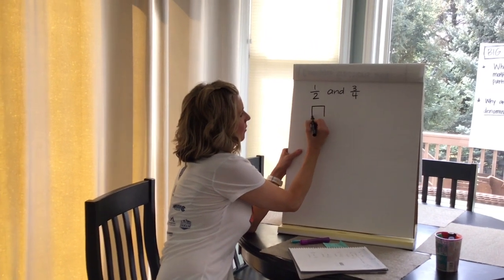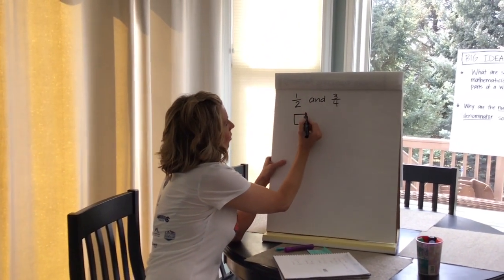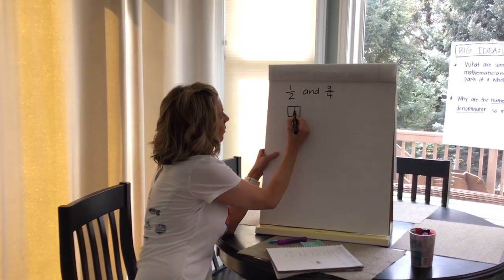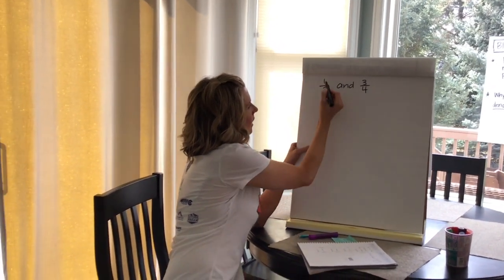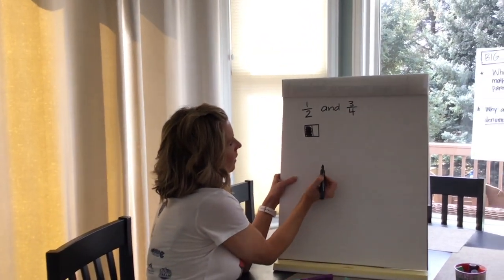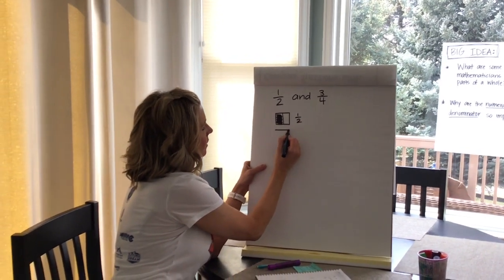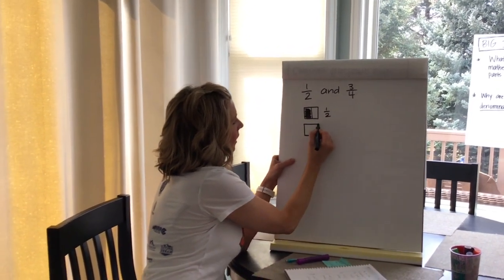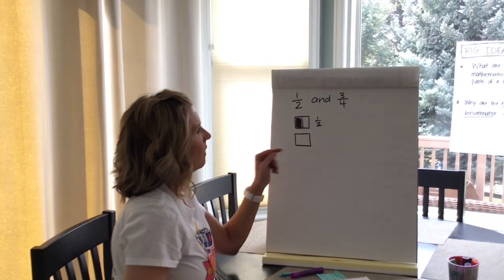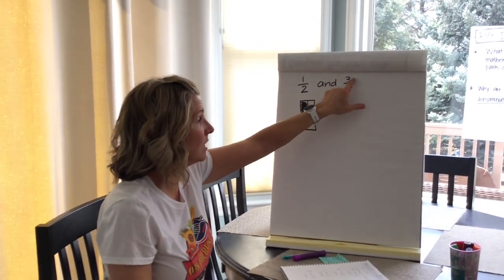This time I'm going to draw squares. Here I'm going to show 1/2, so I need 2 equal parts, and I'm counting one of them. This is 1/2. And then 3/4, even before I draw it, I'm already thinking that this one's going to be greater, because out of the 4 parts, this one is already counting 3 of them.